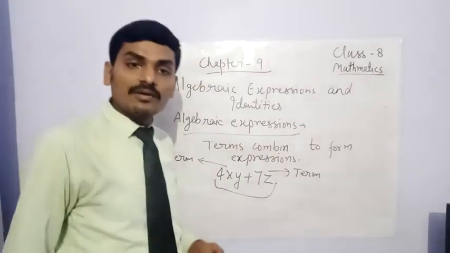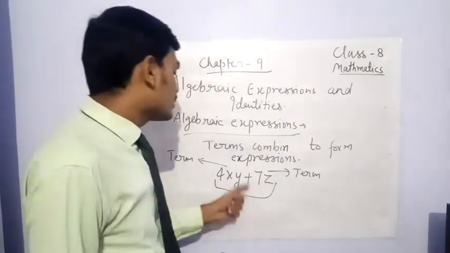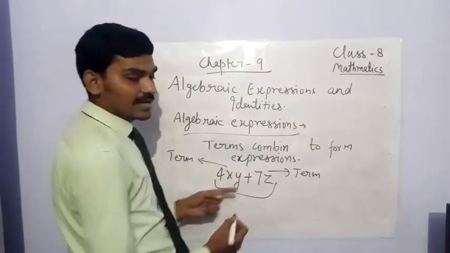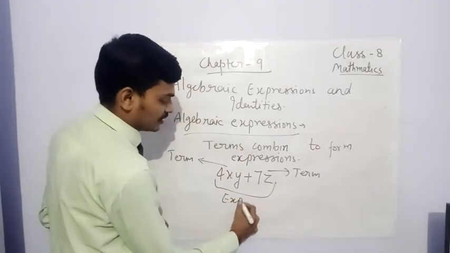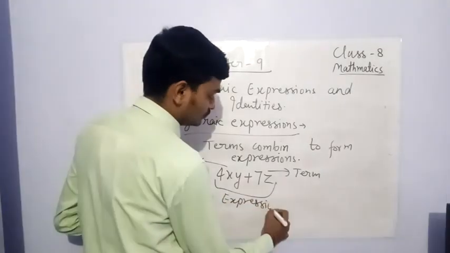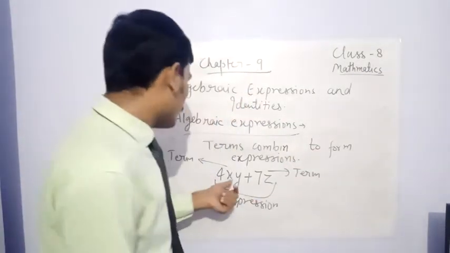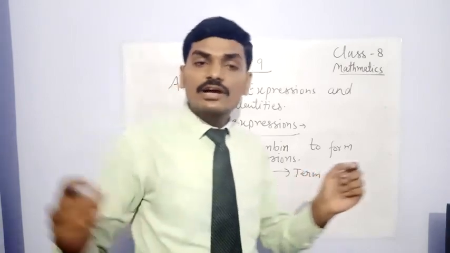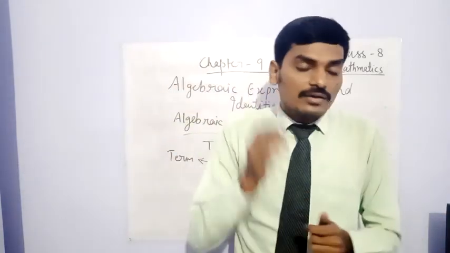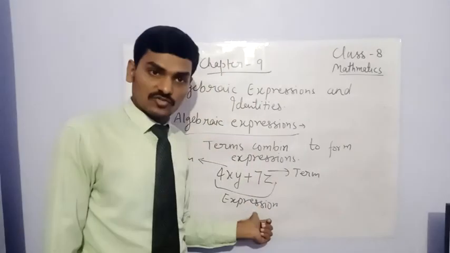And if we combine the terms, then we obtain the expression. So here are two terms. First one is 4xy and second one is 7z. And if we combine two terms or more than two terms, then we obtain an expression.